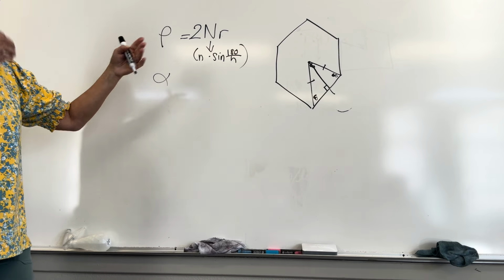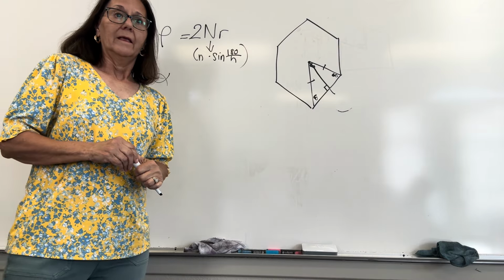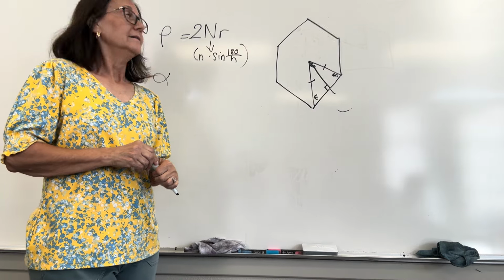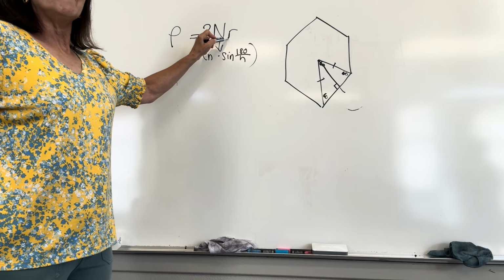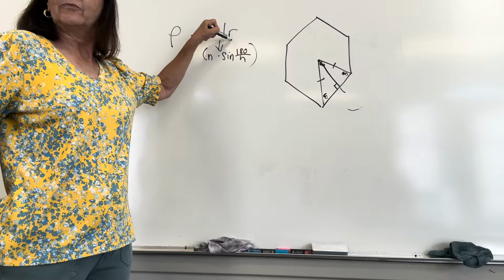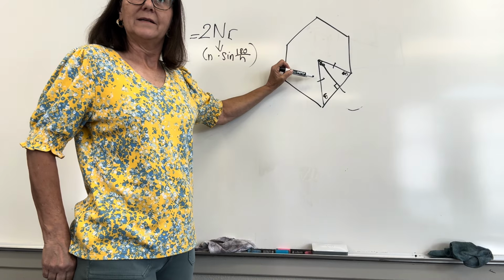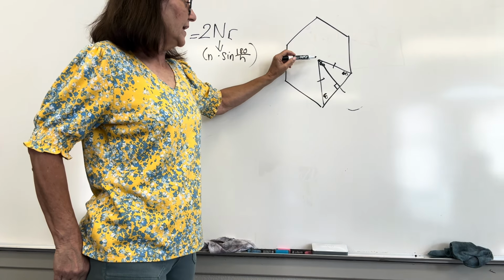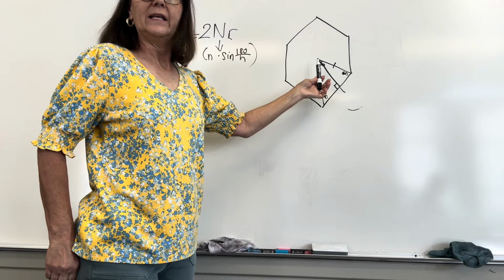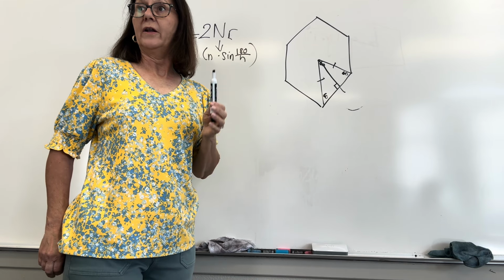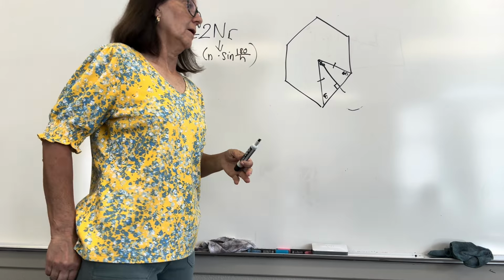So if we know how many sides and the length of the radius, then we can calculate the perimeter. We may also have to calculate the radius, but remember we can always make right triangles with the apothem, half of the side, and the radius in a regular polygon. Got it?